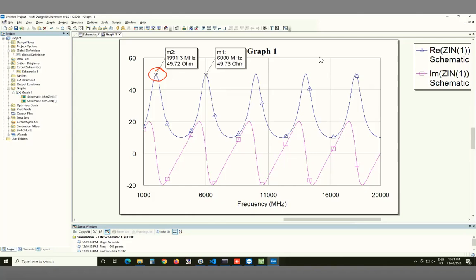This is a 3 lambda by 4 transformer. This is a 5 lambda by 4 transformer. But they all look identical. You understand what I mean by identical, right? So if I look at this spacing in frequency space, they all look exactly the same. It seems to counter the argument which we just made and actually saw.